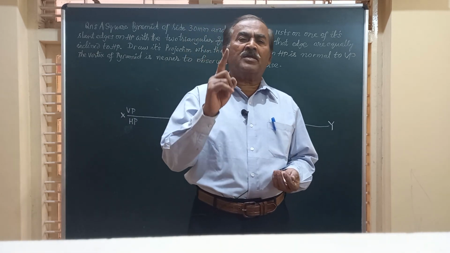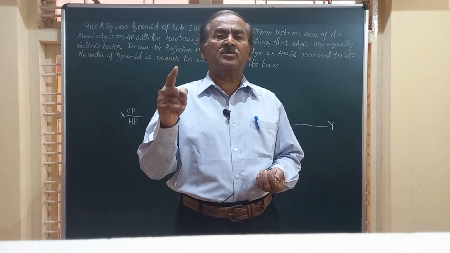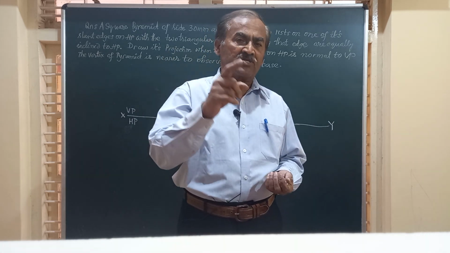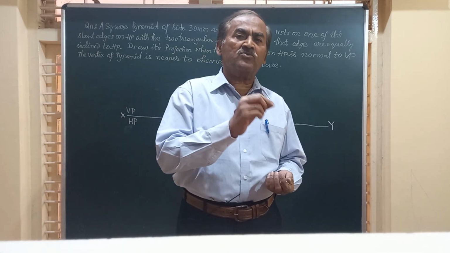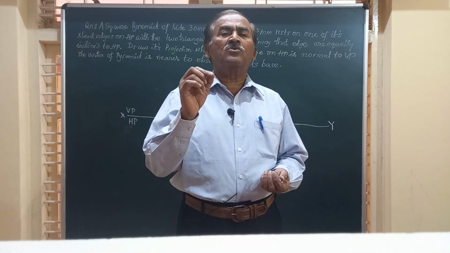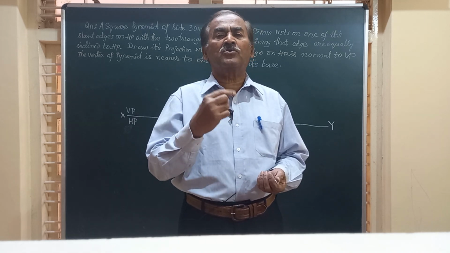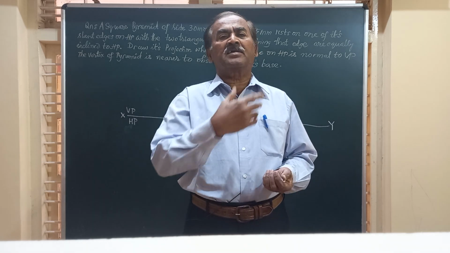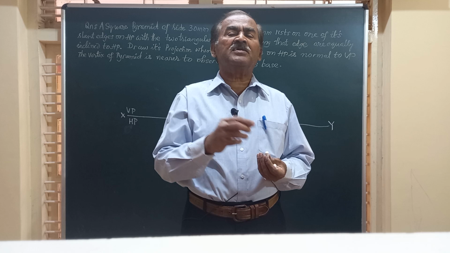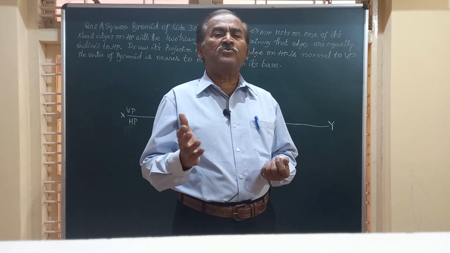So whenever any of these pyramids, I'm telling any of these pyramids, it could be a triangular, a square, a pentagonal or hexagonal pyramid, has to rest on one of the slant edges, then one of the slant edges of the solid in the front view should come to your right side or to your right end.